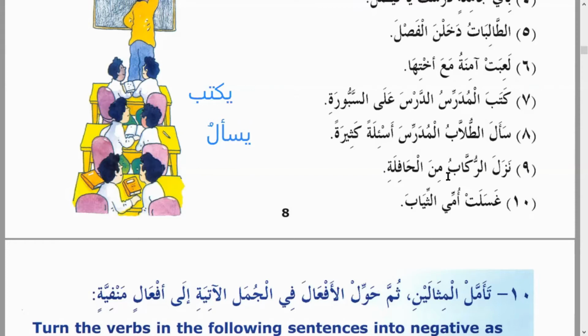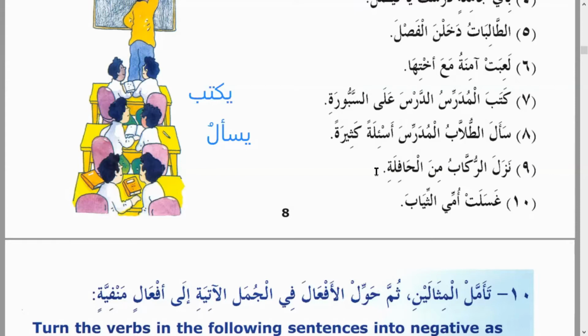Nazala rukabu min al hafilati. The passengers got down from the bus. Again, same rule here. Rukab is plural, but we are starting with a verb. So, singular. So nazala is the past, simple, right?